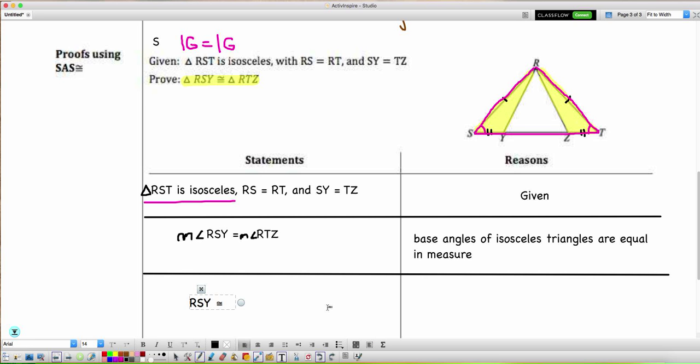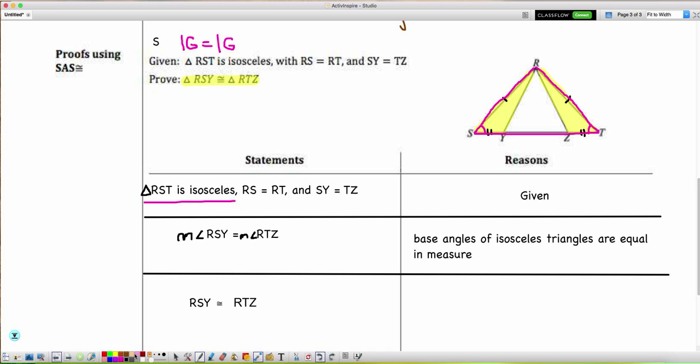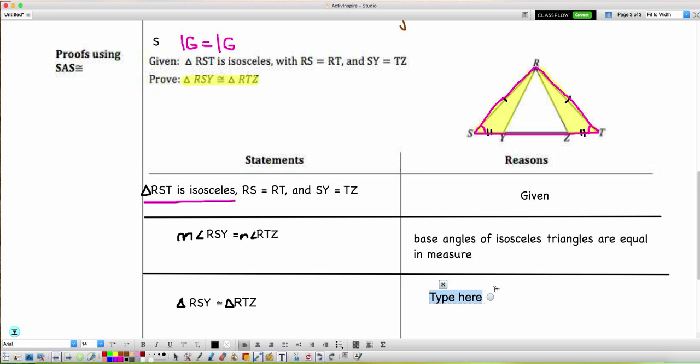RSY is congruent to triangle RTZ. And then remember I have to say that they're triangles that I'm talking about. So those two triangles are congruent. My reason is going to be because of SAS congruence. They meet the SAS congruence criteria.